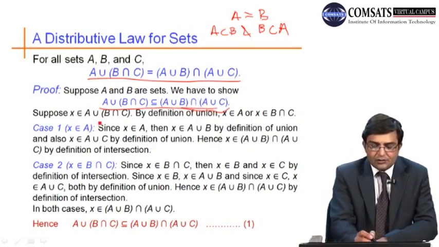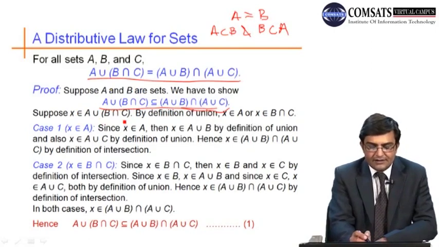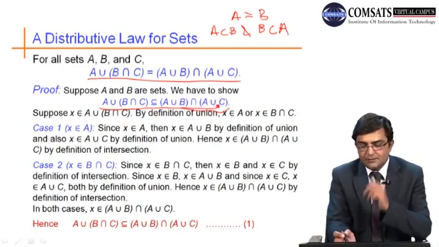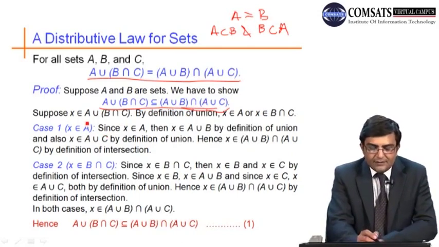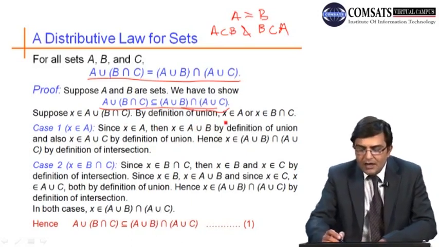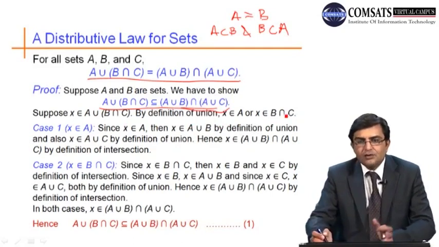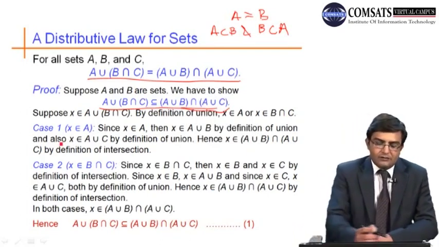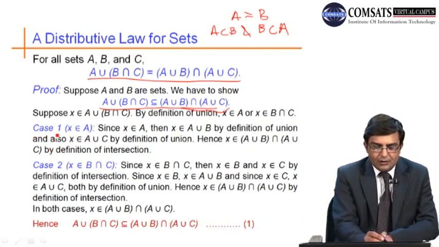So we suppose that X belongs to the left hand side, A union B intersection C. Then we have to prove that X belongs also to A union B intersection A union C. If X belongs to A union B intersection C, then by the definition of union, X belongs to A or X belongs to B intersection C. So now there are two cases. If X belongs to A, then what happens? And if X belongs to B intersection C, then what happens? First case, we suppose that X belongs to A.